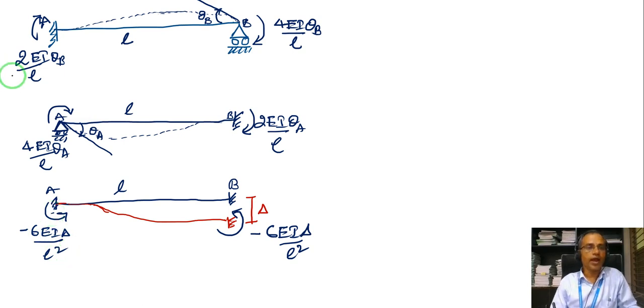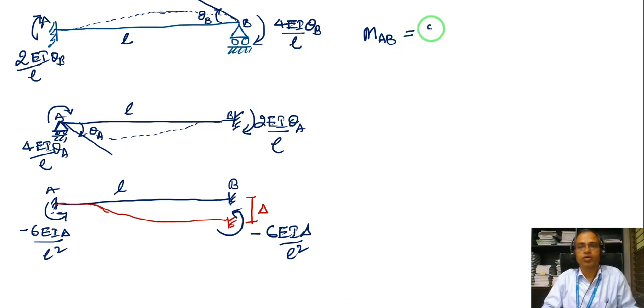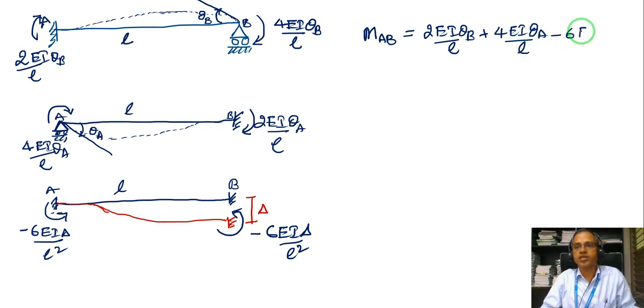Now adding the total moments at A, adding all these moments at A and all moments at B independently. So the moment produced at A, span AB, at A is nothing but 2 EI theta B by L plus 4 EI theta A by L minus 6 EI delta by L square.